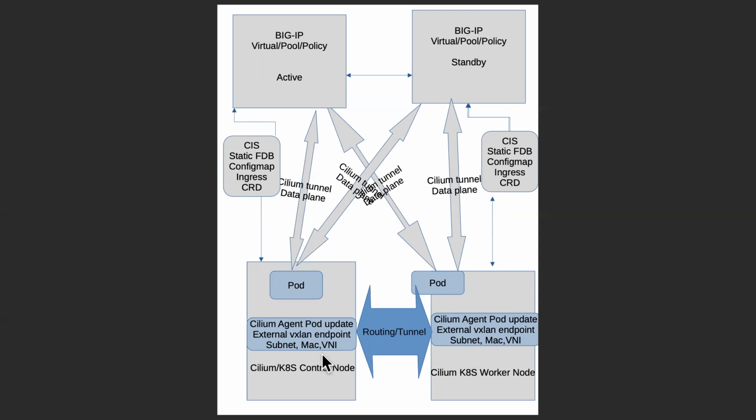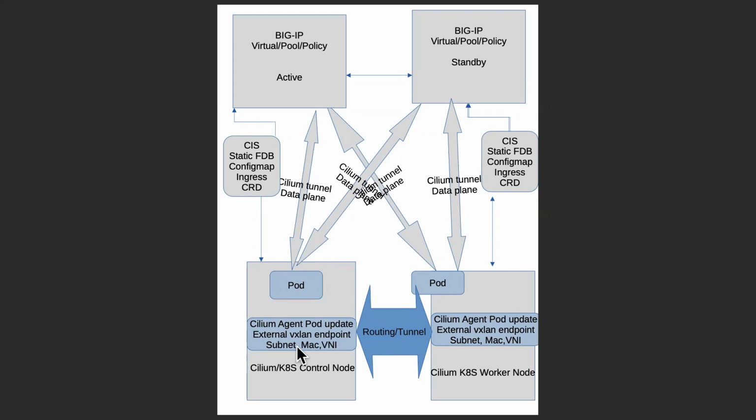Okay, so the progress I made here now is we can run Cilium in routing mode. Between the Cilium nodes, pod to pod, they can communicate with each other through routing mode.